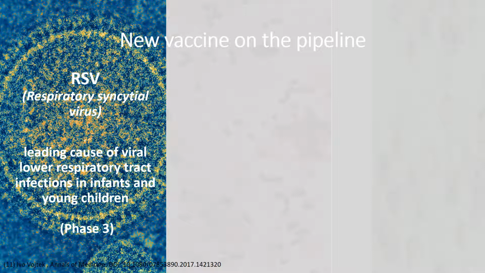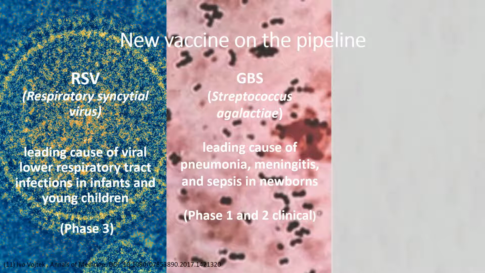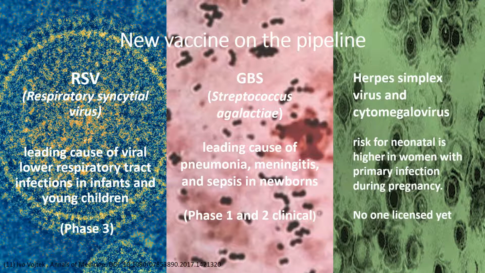Here it is worth mentioning that one previous clinical trial using the post-fusion state of the F protein led to an enhancement of the disease and to child death, slowing down the global effort for an RSV vaccine. The second opportunity could be GBS, the leading cause of pneumonia and meningitis in children. Finally, the risk of neonatal herpes and congenital cytomegalovirus infection is really high in women with primary infection during pregnancy.